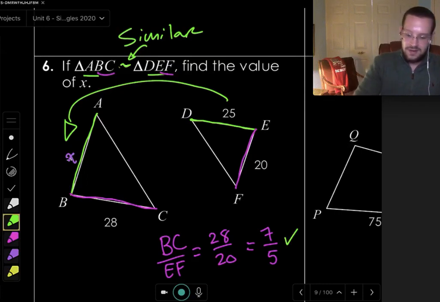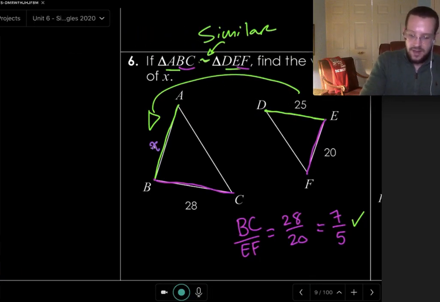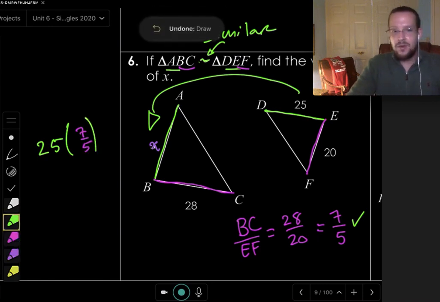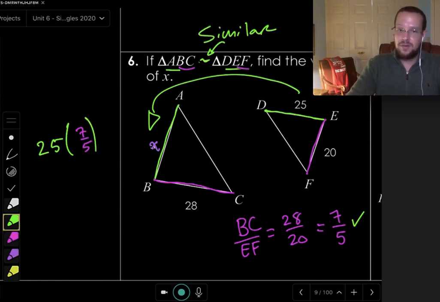And so what we need to think about is, will 25 times 7/5 give us a number greater than 25 or less than 25? Is 7/5 greater than 1 or less than 1? 7/5 is greater than 1.